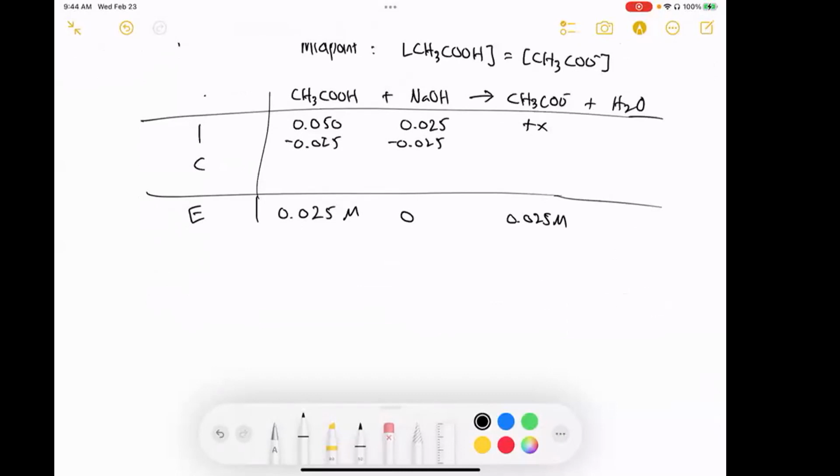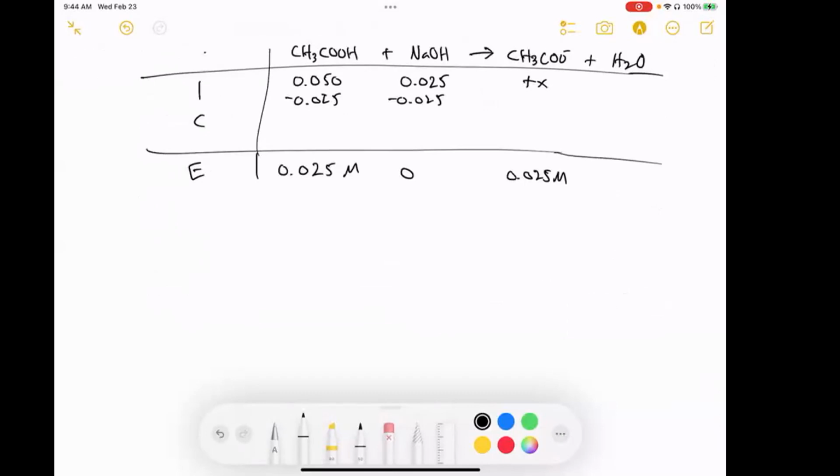In this reaction, you have CH3COOH competing with water to give you more acetate ion and water.